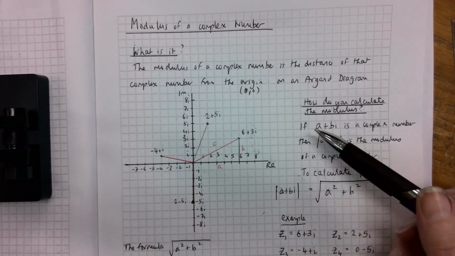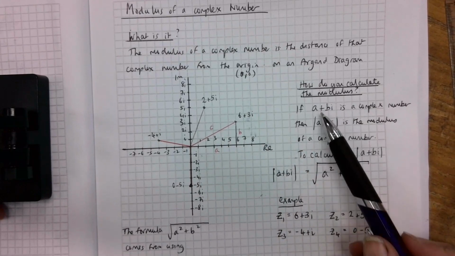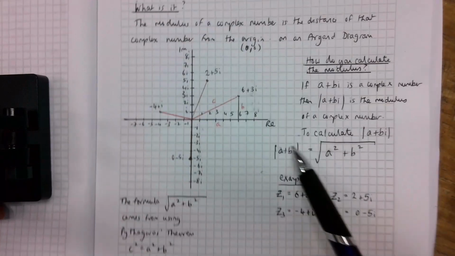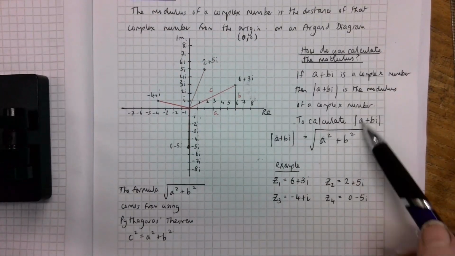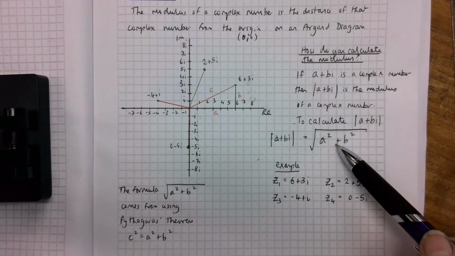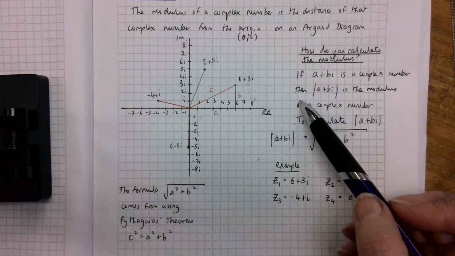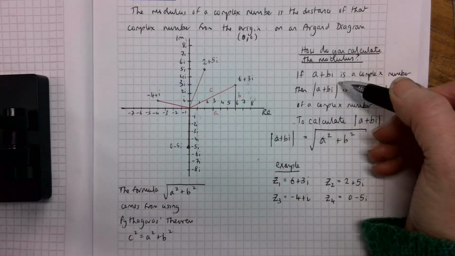So this is the formula we're going to use to calculate the modulus of a complex number. This is the general form of it. If a plus bi is a complex number, then a plus bi with these two straight up lines around it means the modulus.